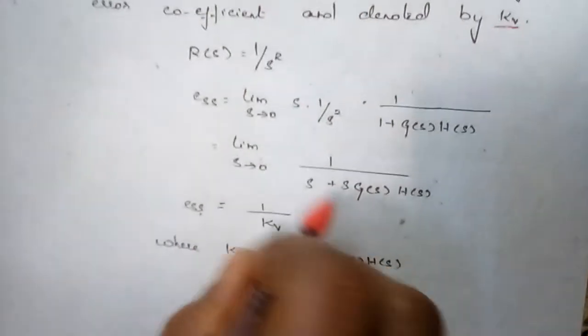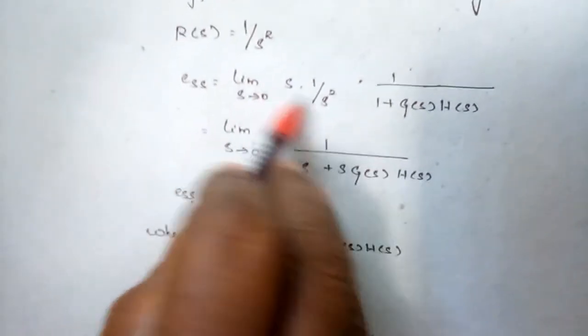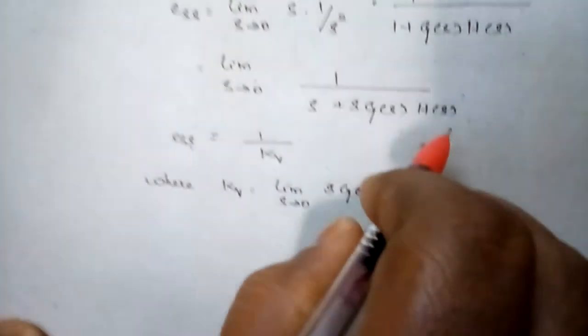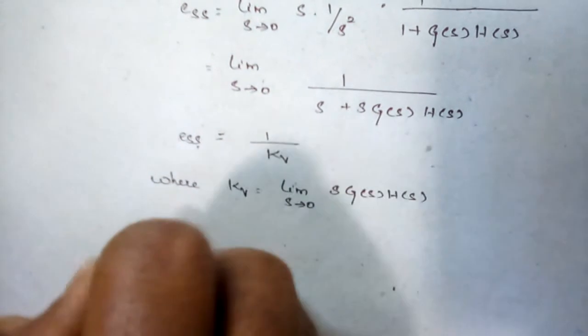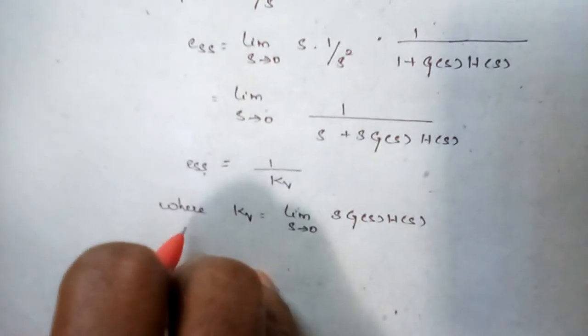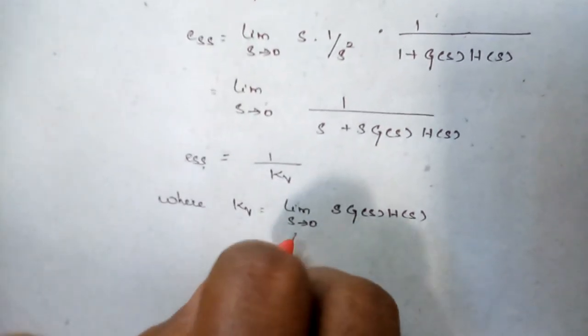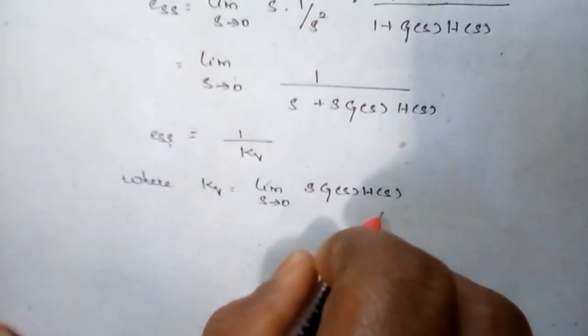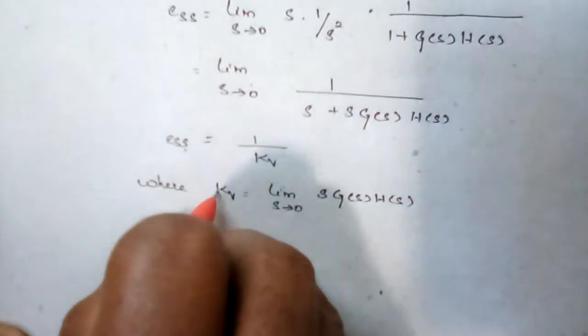By substituting this, s and s square give s, and I get the equation Kv equal to limit s tends to 0 of s into G of s H of s. This is my Kv value.